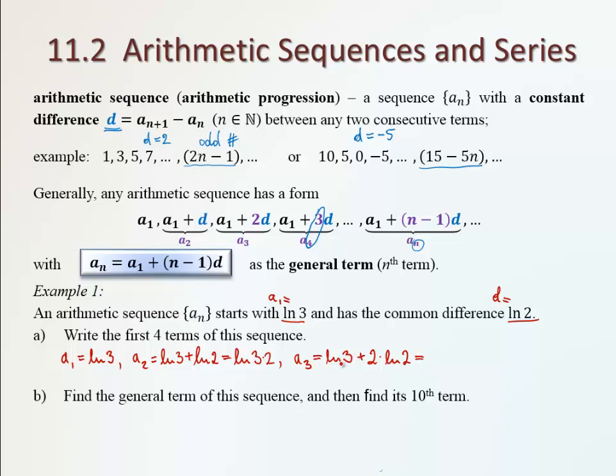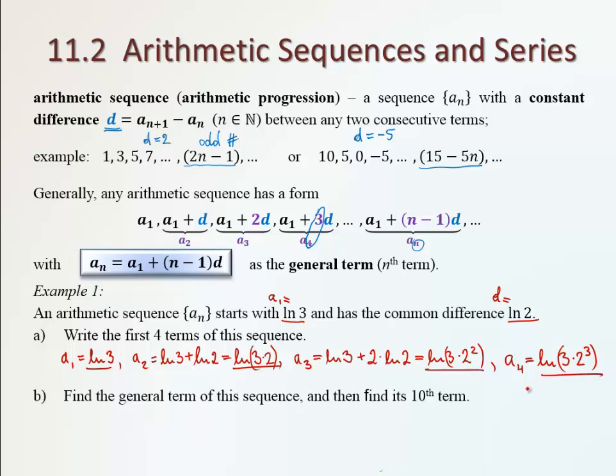So overall, this expression is equivalent to ln of 3 times 2 squared. And similarly, we can come up with a4 that is equal to ln of 3 times, let's observe the pattern. This was 3, the exponent is 1 less. So it will be 2 to the 3, 1 less than 4. So we have the first four terms of this sequence.